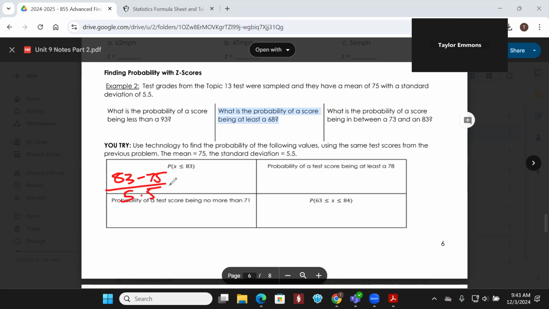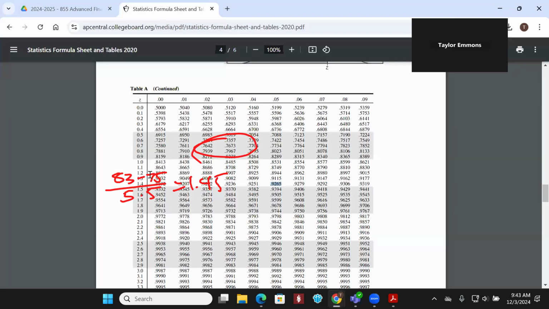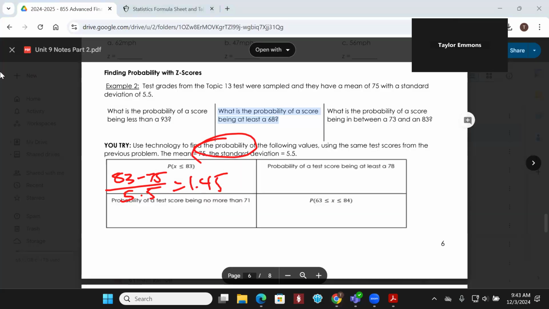You plug that in and get a z-score of 1.45. But we're not done because they asked us to find the probability. We go into our table and look for 1.45, and that's 0.9265. So that's 92.65%.